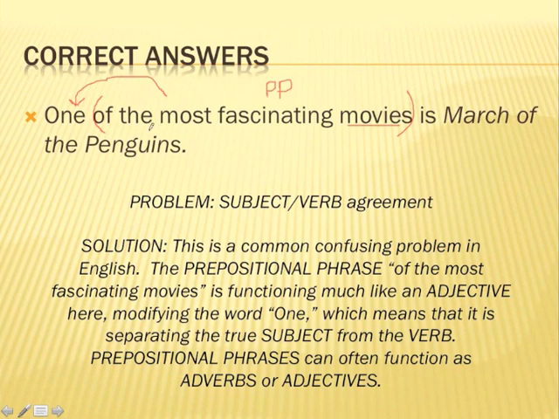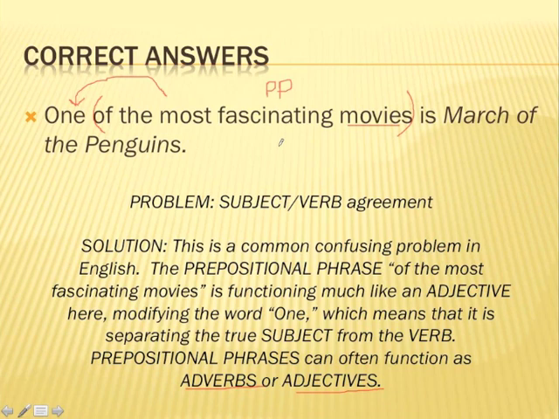Now again, this prepositional phrase, as often happens in English, is clarifying or modifying the word one. So this is something new that maybe you haven't learned, or maybe we've talked about, but something you can start to recognize. Thinking about the functions of prepositional phrases, they often function as adverbs or adjectives. That's their purpose.